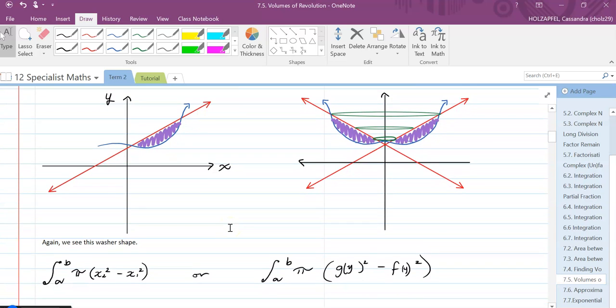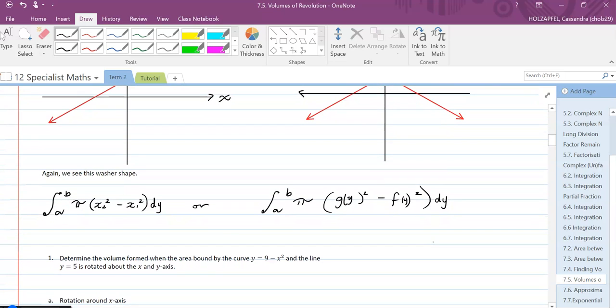So instead of substituting in values of y for the radius, we can now see that this value from here to here is going to be equivalent to our x value of that function. So we can substitute in each value for x, and we'll be integrating with respect to y.